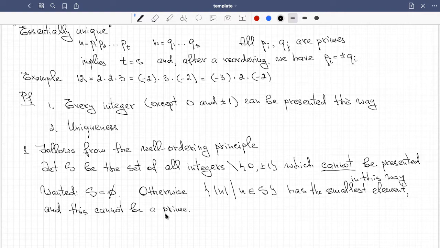It cannot be a prime, so it is divisible by smaller numbers.